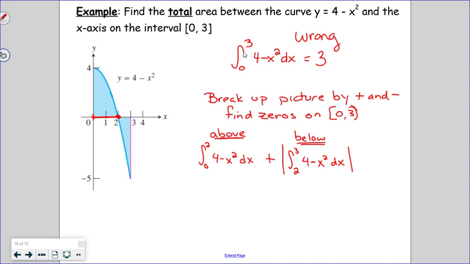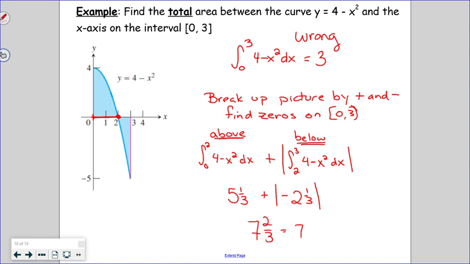So what was our area from 0 to 2? Who math 9 that for me? And how about that second area? Negative 2 1/3. Putting that one into absolute values and adding those together, it looks like we get 7 2/3?